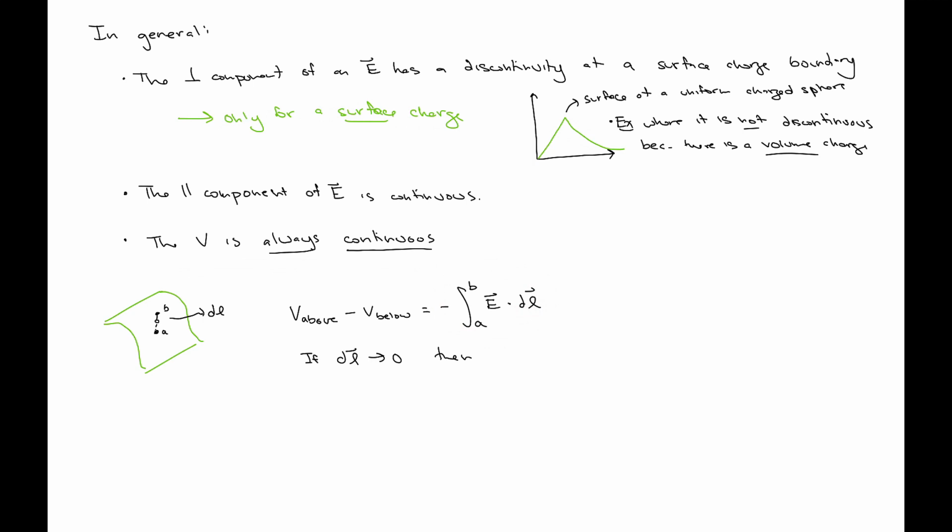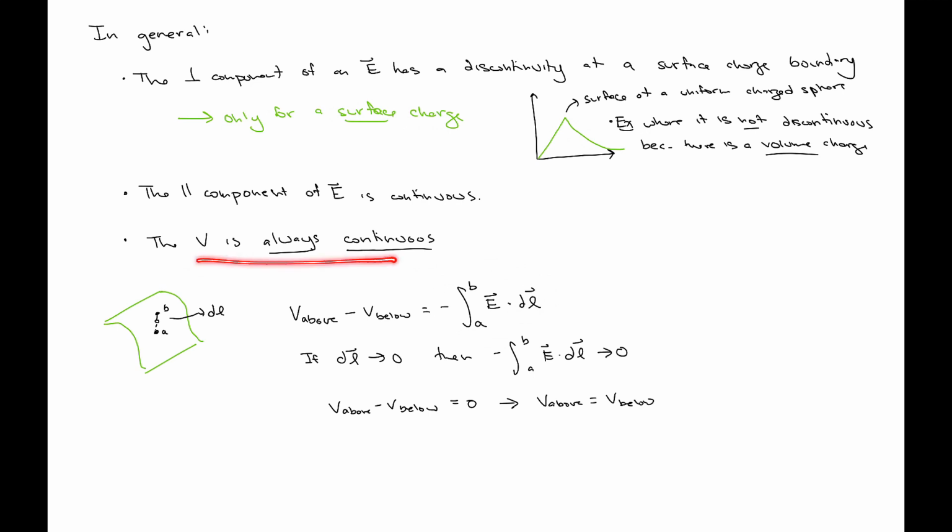So the whole darn thing is going to go to 0. And what that tells you is that V above minus V below is equal to 0, and therefore V above has to be equal to V below. Okay, so that's how we know that it has to be continuous.